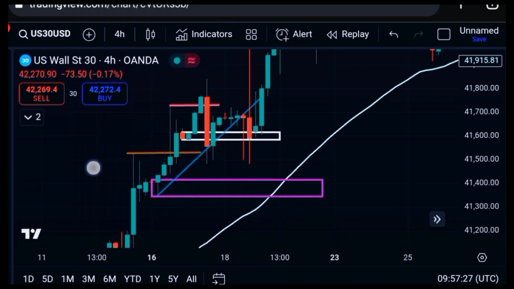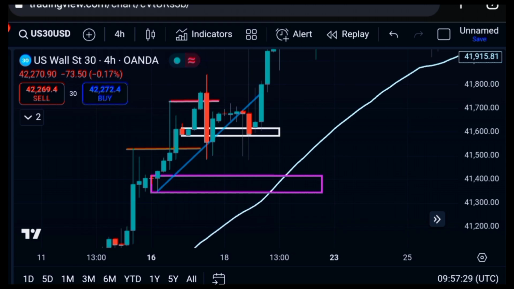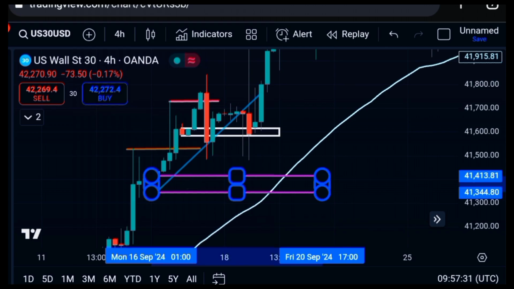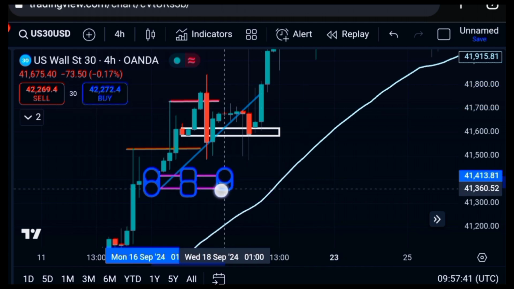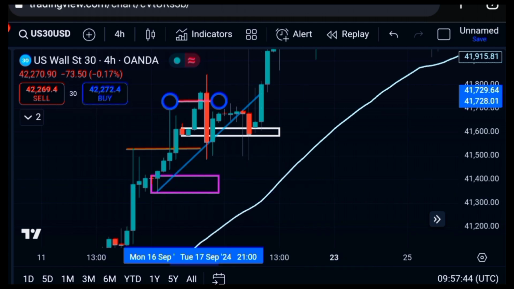You see that from this very level, from this very zone which the market created, to this high, from this place back to this high was where the market was trading.